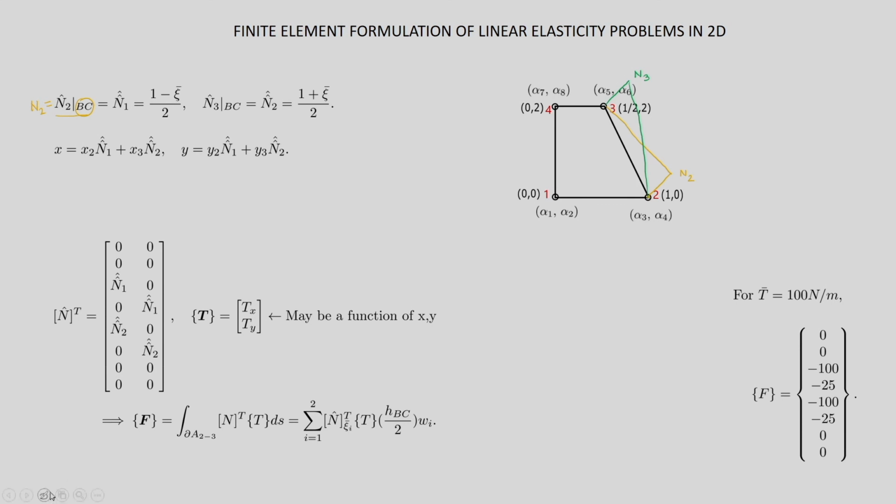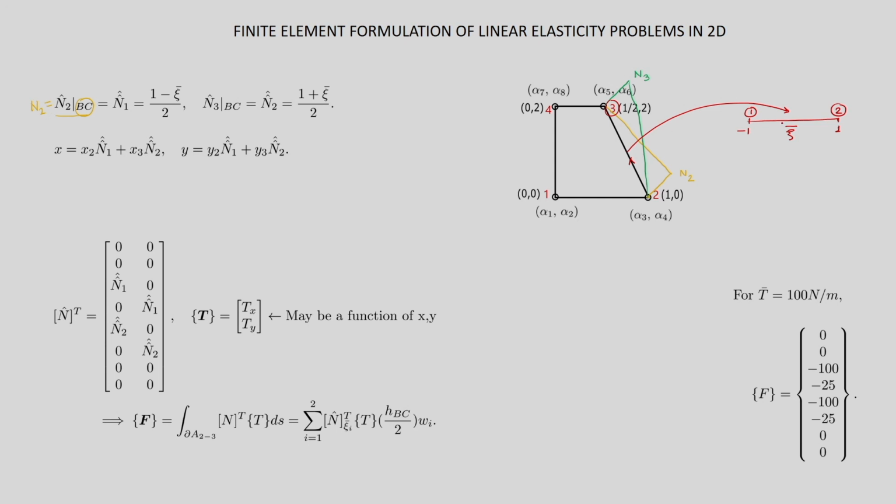If I draw the corresponding one dimensional master element, because we have to map this edge to the master element in order to calculate the value of the integral, since we have to move anti-clockwise, node 2 will be mapped to node 1, and node 3 will be mapped to node 2. Here we will use a different parameter, xi bar, because xi has already been used for the 2 dimensional element.